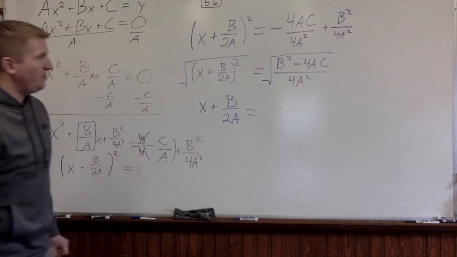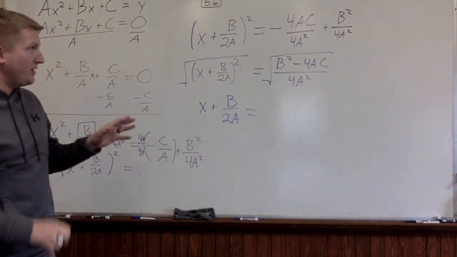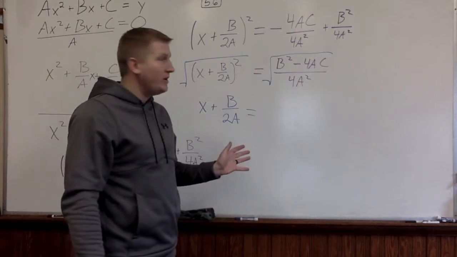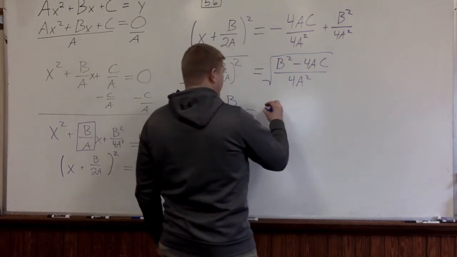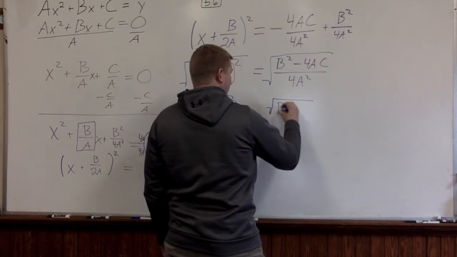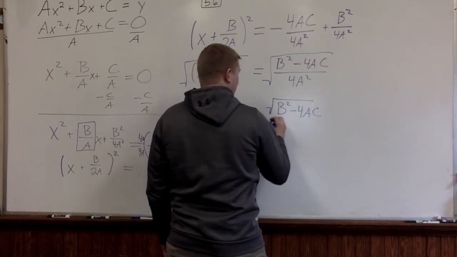And this is where it's going to get a little bit tricky. So that top part doesn't look like it's going to get any more simple. So I'm actually just going to separate it out, and I'm going to keep the top as it is. The square root of b squared minus 4ac.